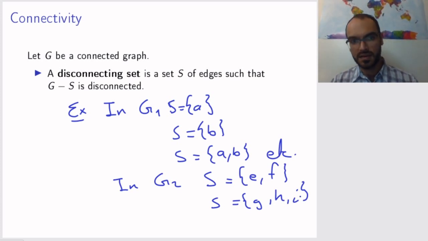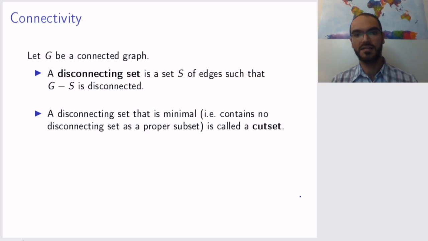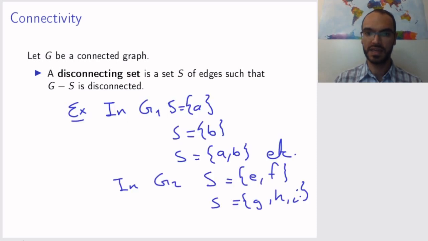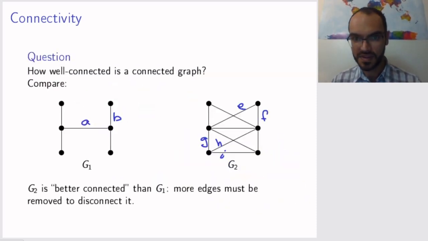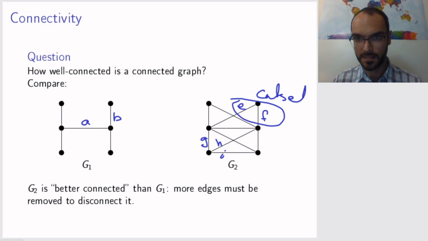And a disconnecting set that is minimal, meaning it doesn't contain a proper subset that is also a disconnecting set, is called a cut set. So if you again look at these examples, then this set is a cut set consisting of two edges. This set is a cut set.